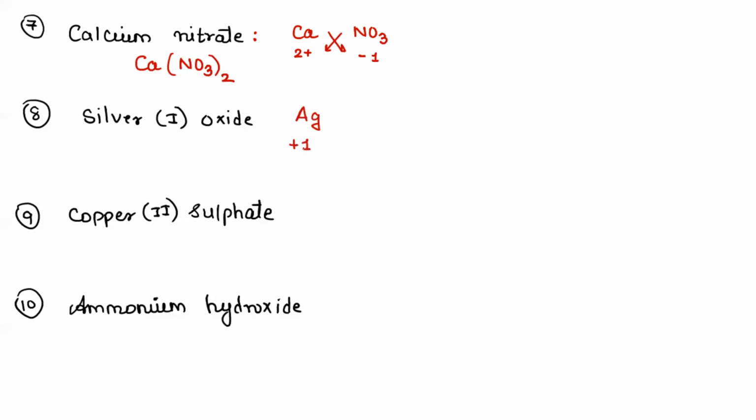Oxide is O, so -2. Crisscross, it is Ag2O. Copper 2 sulfate, CuSO4. Copper is Cu, Roman number 2, which means it's +2. Sulfate is -2 from the valency chart. Crisscross, CuSO4.